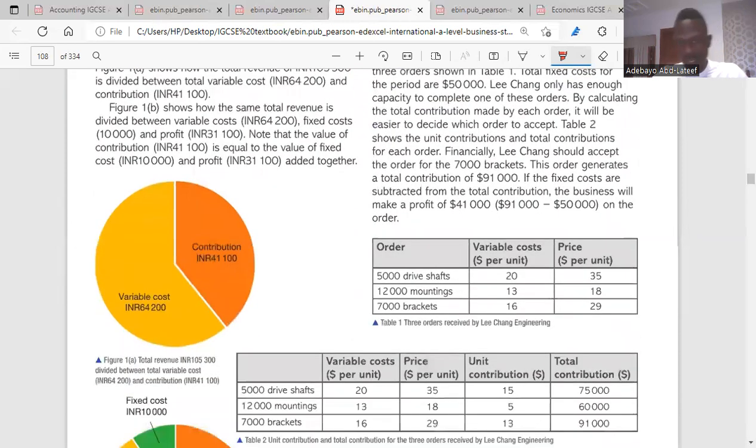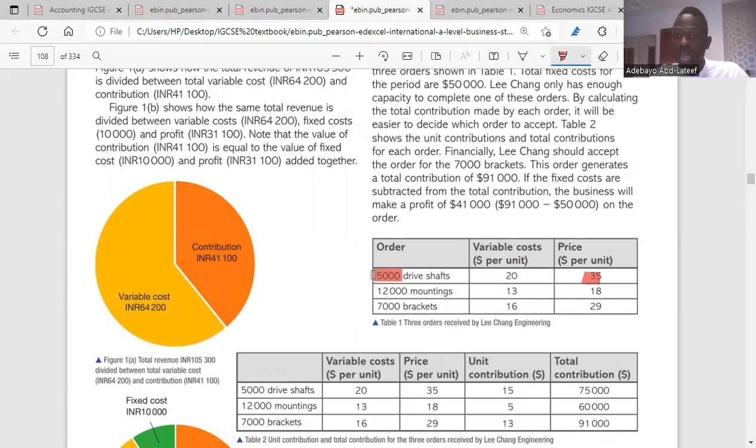Look at the table here: it shows the order, the variable cost, and the price per unit. If you are selling for $35 each, the total revenue here will be 35 multiplied by 5,000. Then you get your total variable cost, which is 20 multiplied by 5,000.